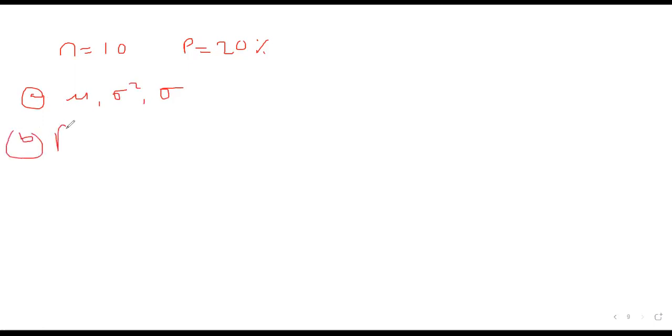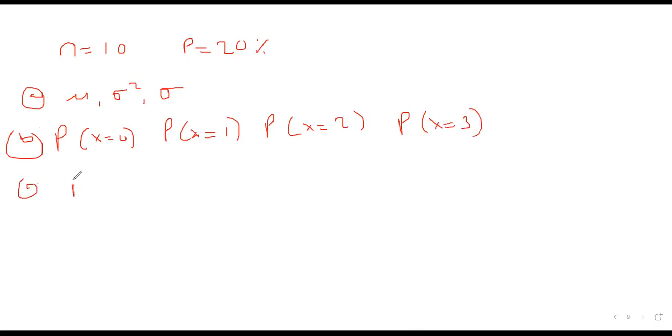B, the probability x is equal to 0, x is equal to 1, x is equal to 2, and x is equal to 3. Then you're also asked to find the probability of at most 2, then also at least 2. So here it's English that you need to be very particular with.